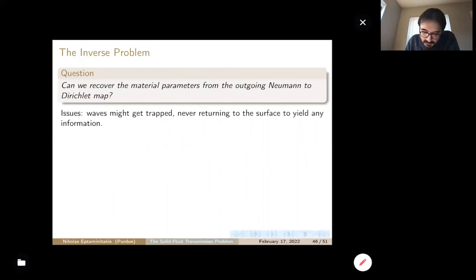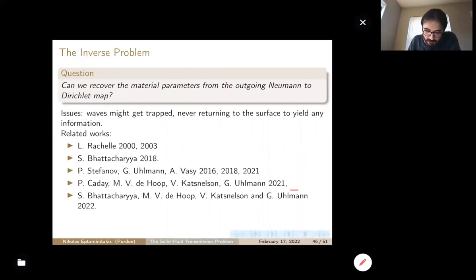There has been quite some work on this type of problem. There are some works by Rachel from the early 2000s, which were dealing with, if I'm not mistaken, determining the density of an elastic medium.